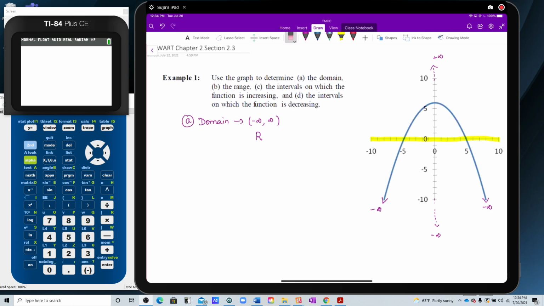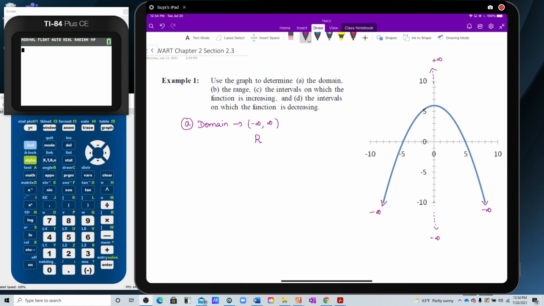Another thing to remember here is that when you are representing the domain, you are always using the x values to write the interval notation. Again, this is not a coordinate. This is the first x value, and this is the ending x value. So it's starting from negative infinity to positive infinity.